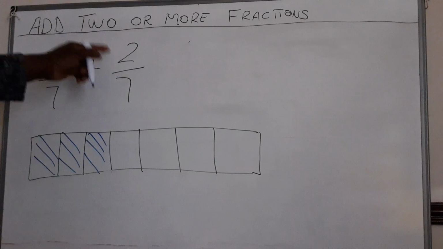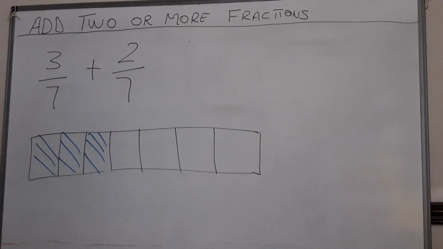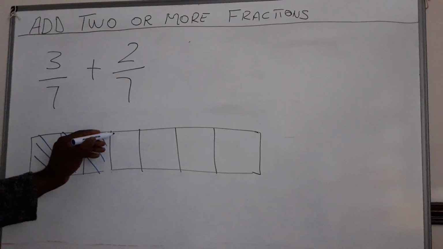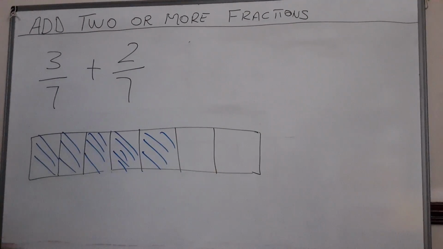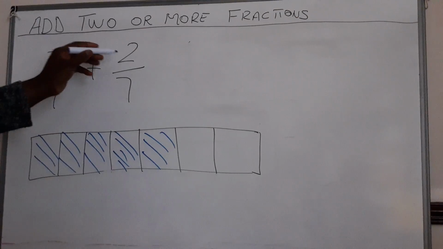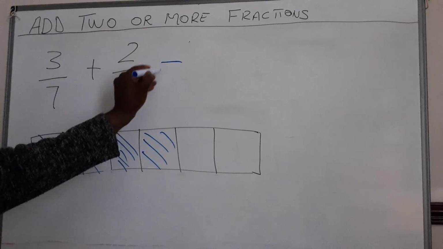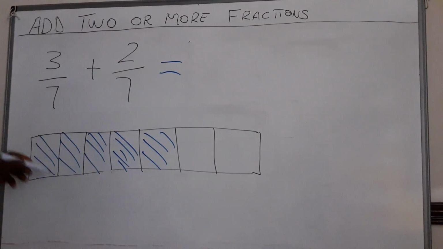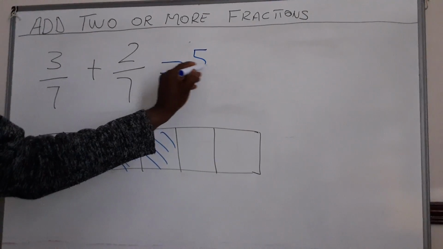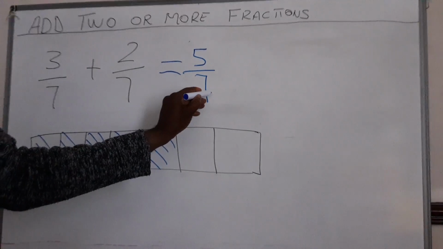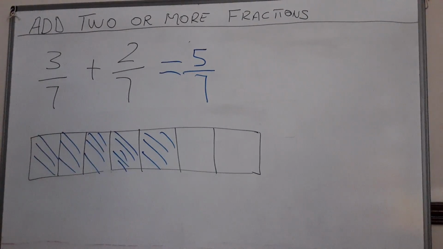And the second fraction is essentially shade 2 parts of the bar model. So 1, 2. So when we count, we can say that 3/7 add 2/7 equals, let's count the shaded portion, 1, 2, 3, 4, 5. So it's 5/7 using the bar model.